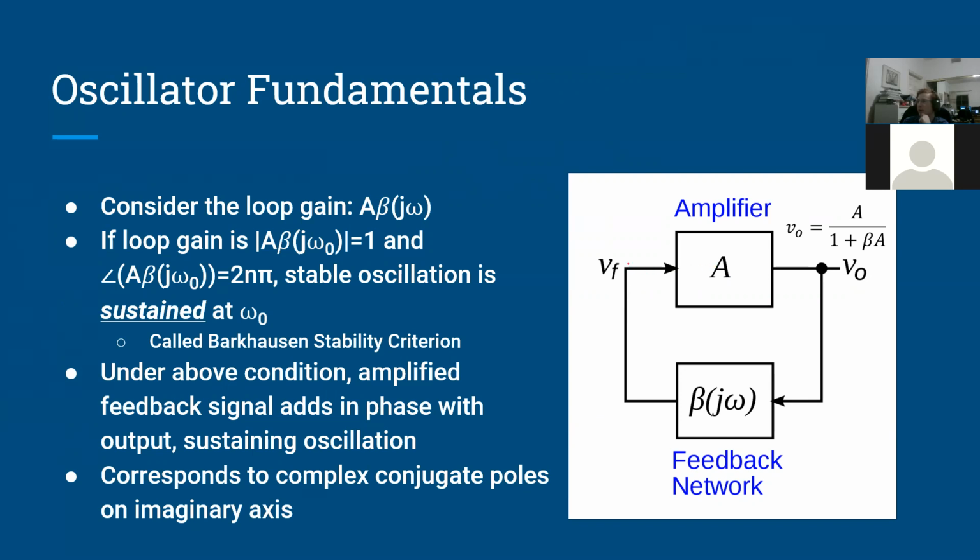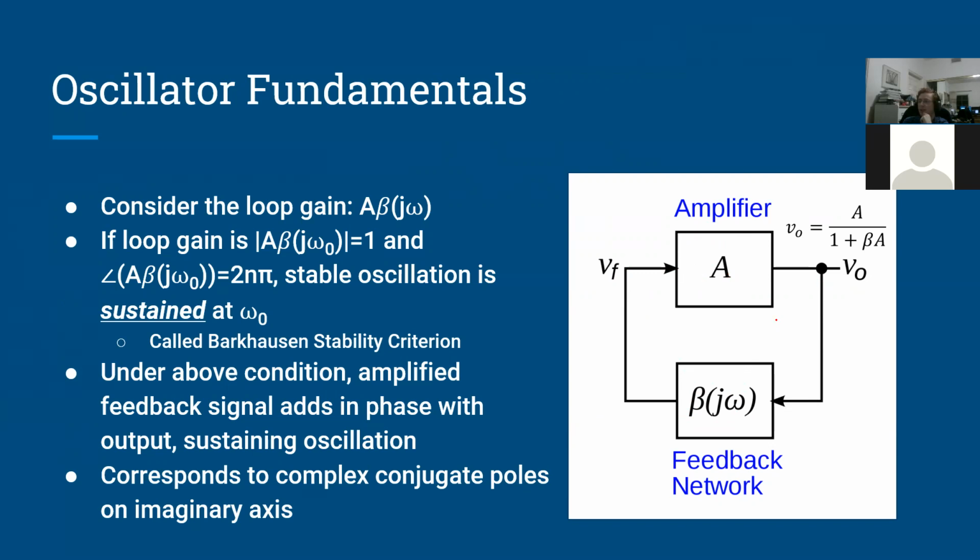So suppose you have this kind of system where you have an amplifier with a gain of A, and there's a feedback path from the output of the amplifier back to the input. And the gain of that feedback path is beta.